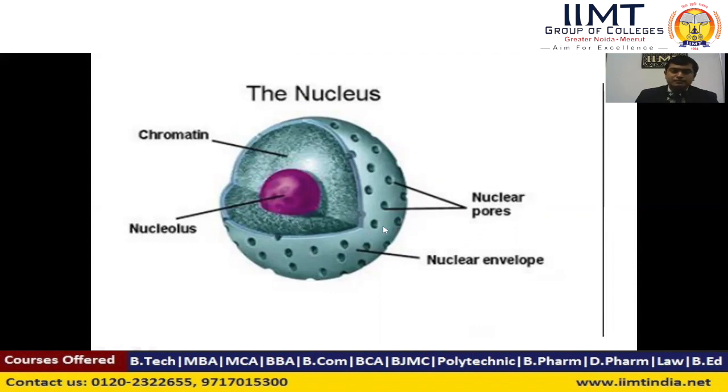They selectively allow components to move between the cytoplasm and the nucleus. So the nucleus is covered with this nuclear membrane, and the nuclear membrane possesses these tiny pores, known as nuclear pores.